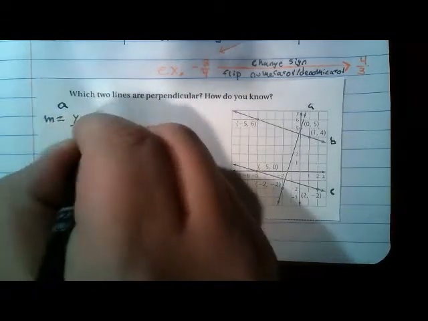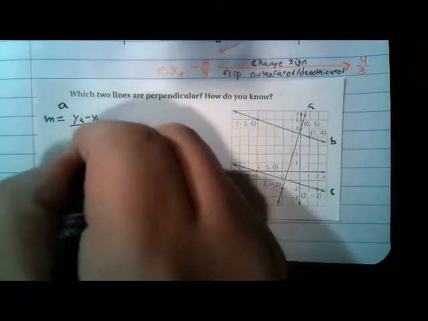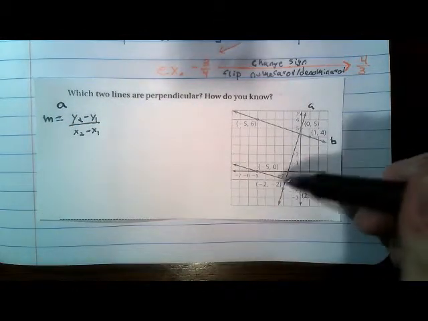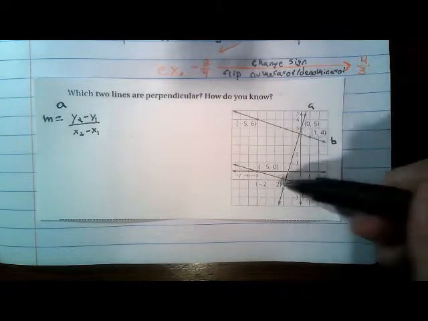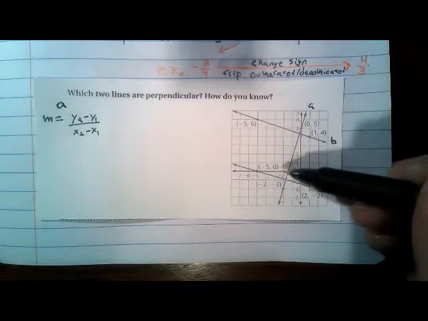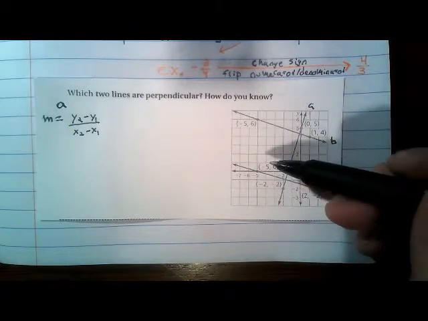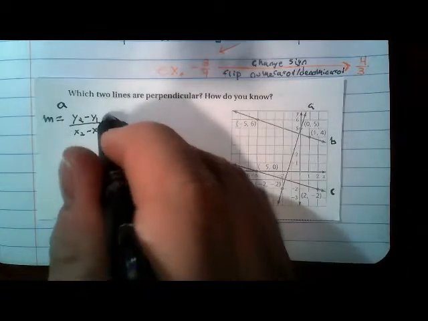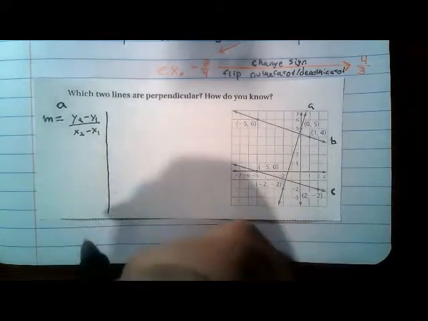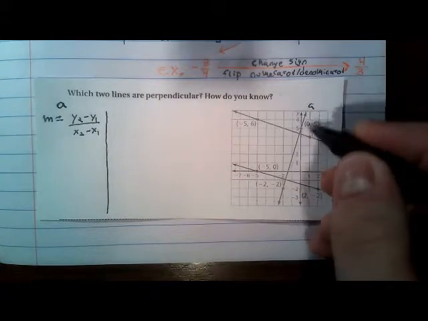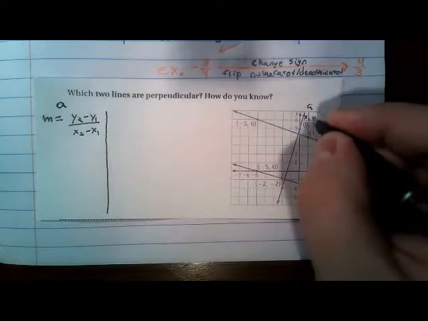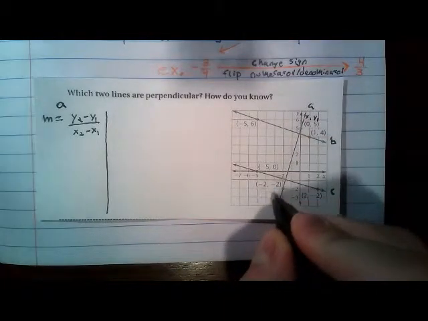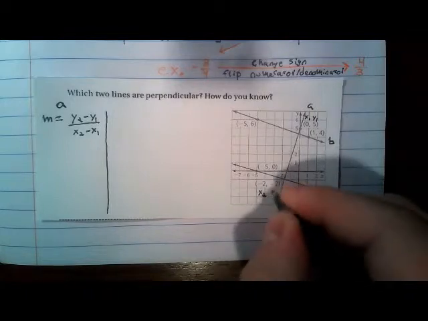Slope formula is y2 minus y1 over x2 minus x1. You could count here, but it's very tricky because there's a lot of intersections and I don't want to make a mistake. So I'm not going to count, I'm going to use the slope formula. For A, my point is (0, 5), that's my x1, y1, and (-2, -2), that's my x2, y2.